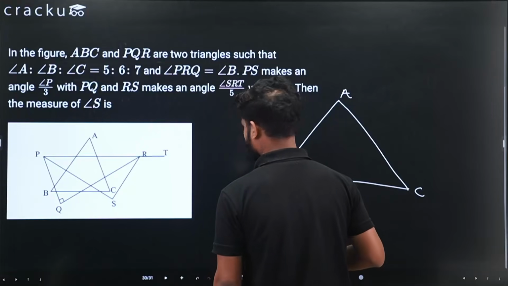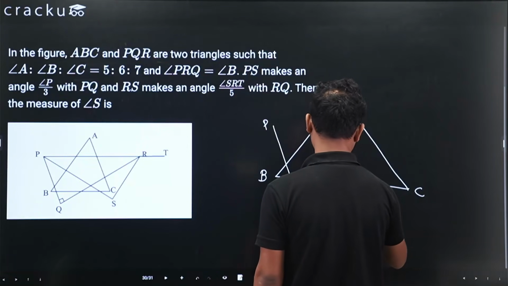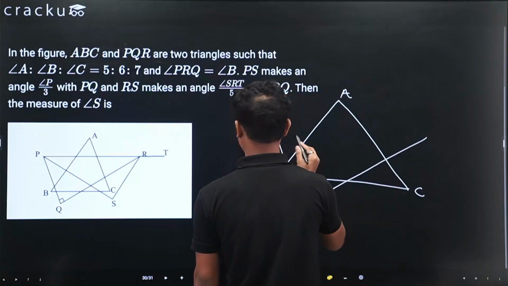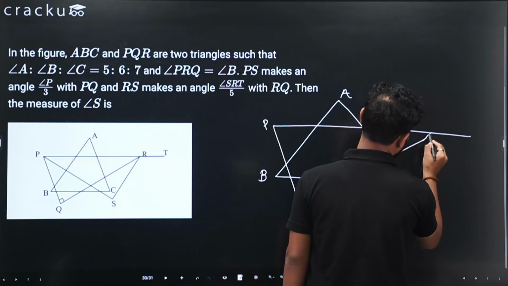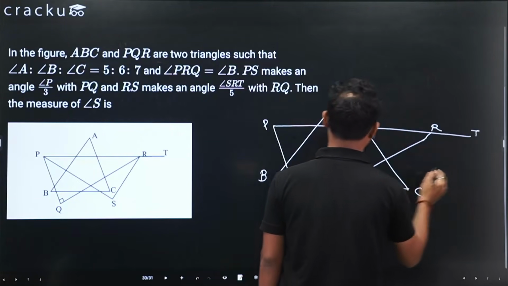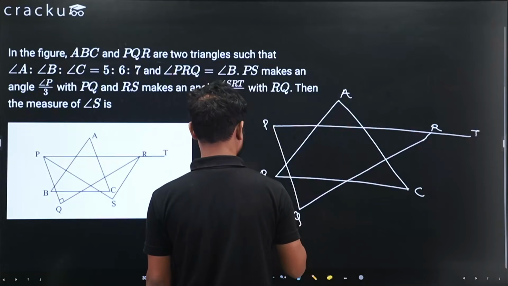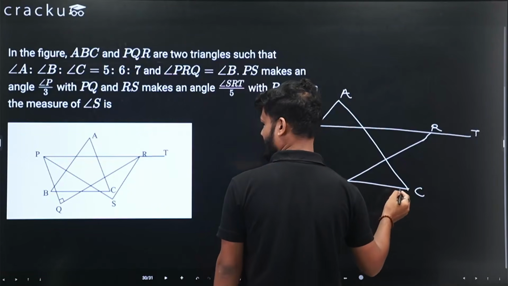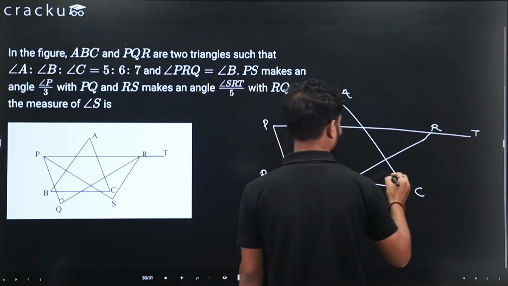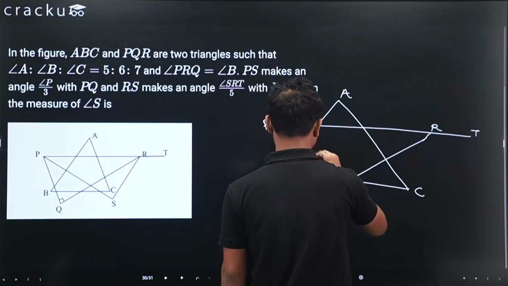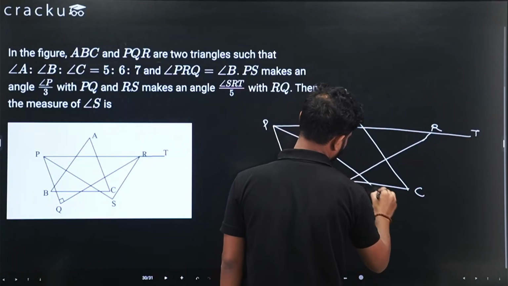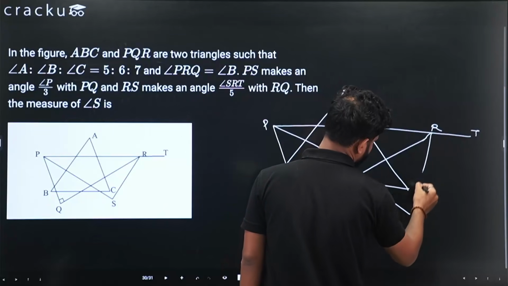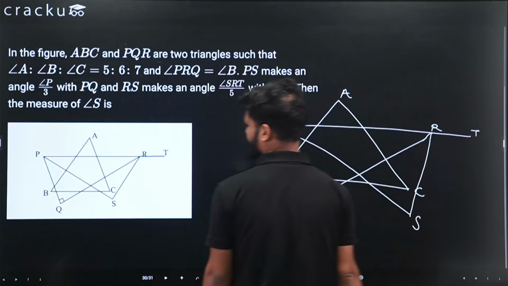Then this is 90 degree. And this is PR. Then I have the C. Then again I have one more, S. This is S.